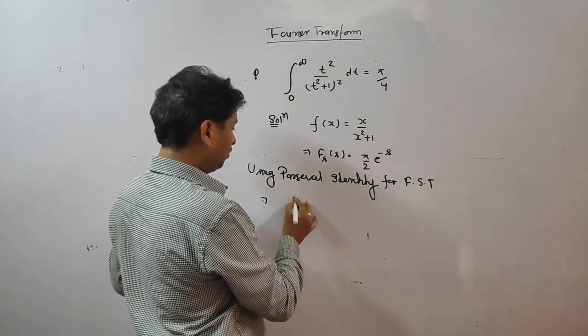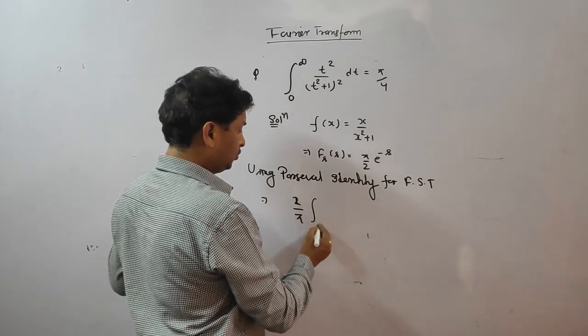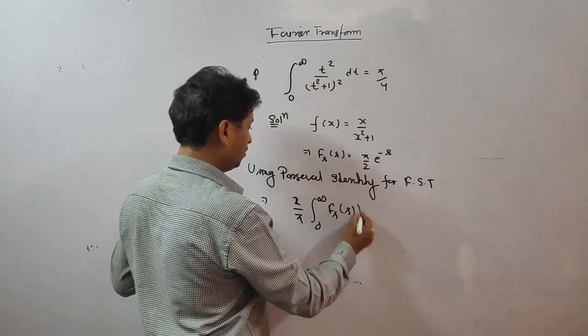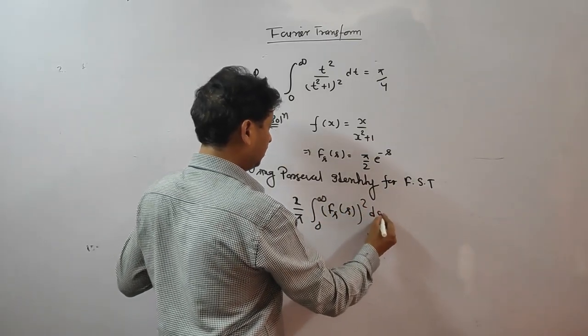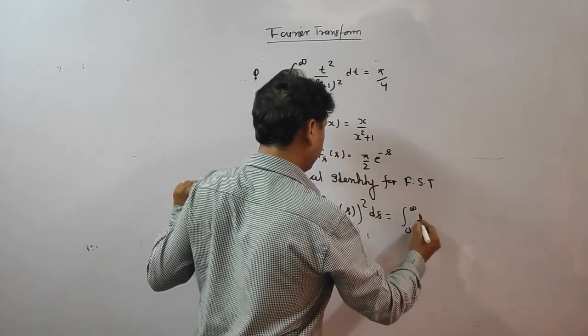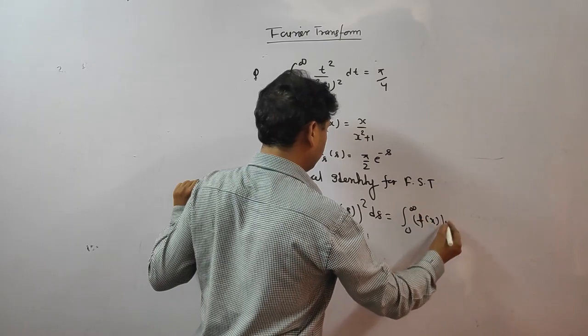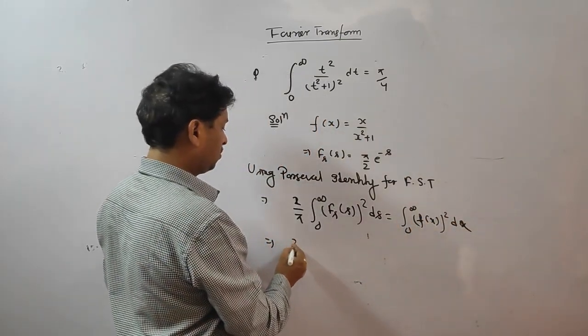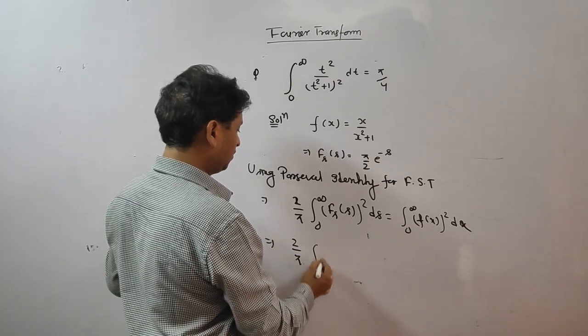But if you use 2 upon pi integral 0 to infinity F_s whole square ds is equal to integral 0 to infinity f(x) whole square dx. Just put the value 2 upon pi.